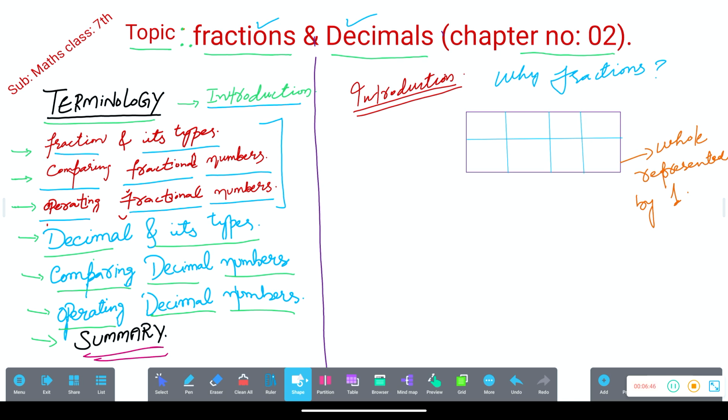Though they are not equal, suppose they are all equal parts. Now this is one of the equal parts of the rectangle.